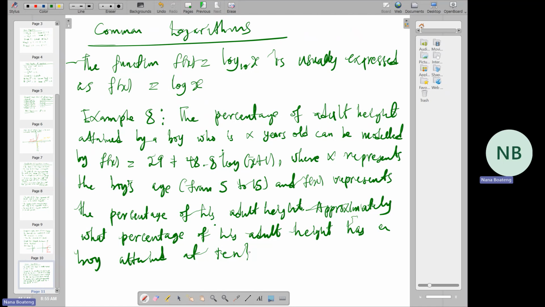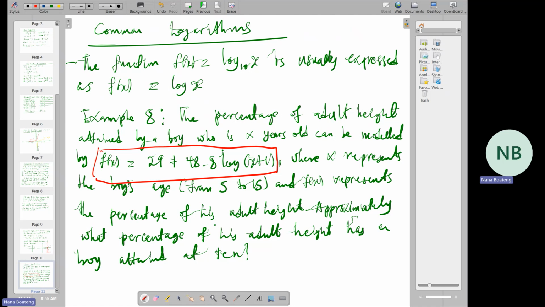All right, so the boy's age is modeled by f of x is equal to 29 plus 48.8 log of x plus 1, where x represents the boy's age.